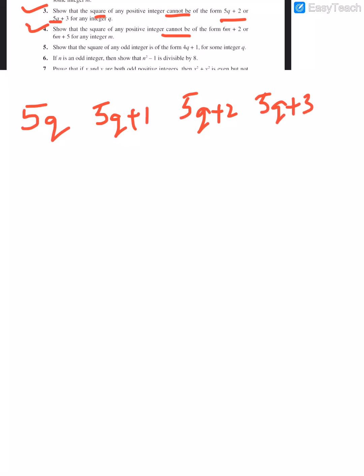Now let us see, 5q is given, 5q plus 1 or 5q plus 3 square they are asking. So let us take 5q, what are the possible options: 5q, 5q plus 1, 5q plus 2, 5q plus 3, 5q plus 4. Now they are asking us to square. Let us square.